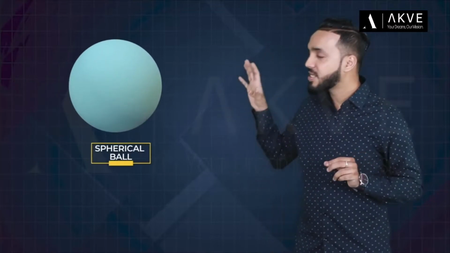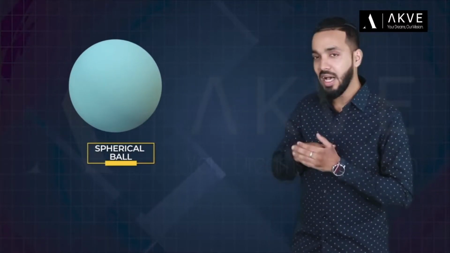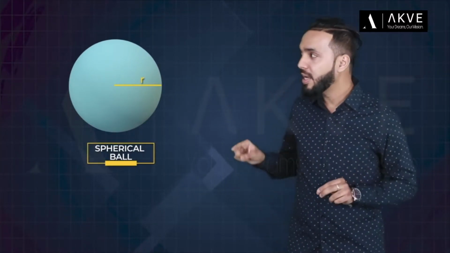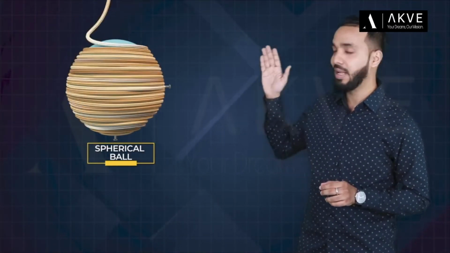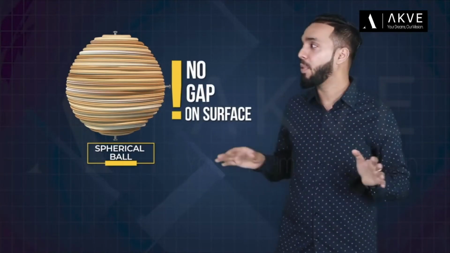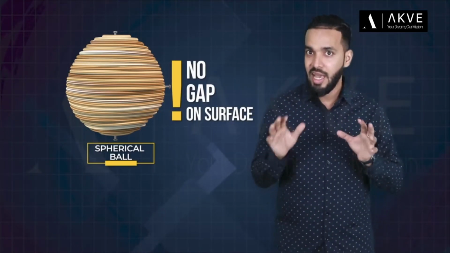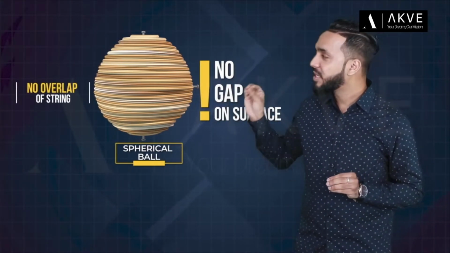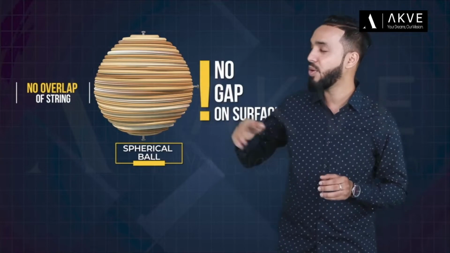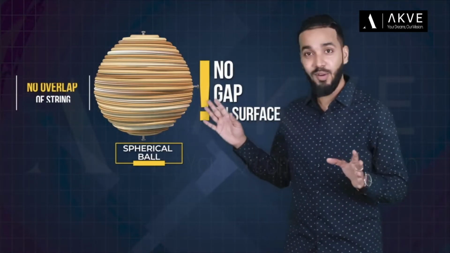So, let's take a spherical ball of radius r and then wind a non-stretchable string around it completely like this. We need to ensure that there's no gap on the surface left and that the string is wound perfectly without any overlapping whatsoever. Wow, that's pretty neat.